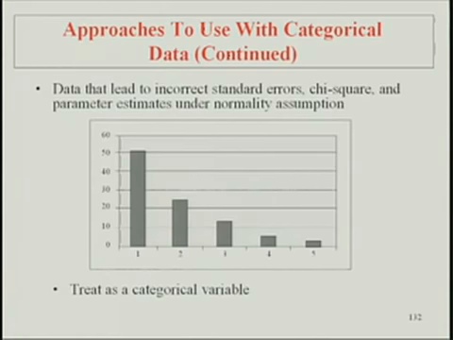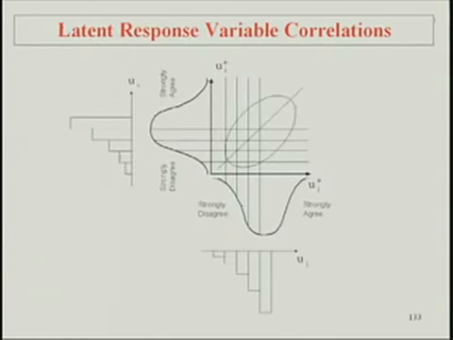So if you have categorical variables with any number of categories and you have a piling up at the end, whether it be a dichotomous variable with a 90-10 split, or a 3-category variable where there's piling up, or even a 9-category variable that has piling up at either end, non-normality robust estimators can't help you. You really need to use categorical variable methodology to estimate your model correctly and get correct results.